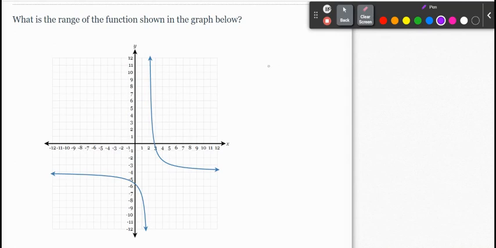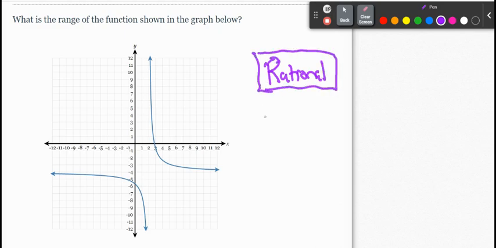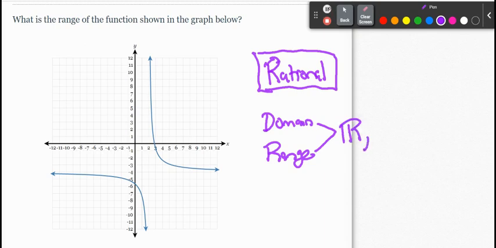Now for rational graphs, anytime you get one of these functions, it's a total situational result, but the domain and range are both going to be all real numbers, comma, some excluded values.